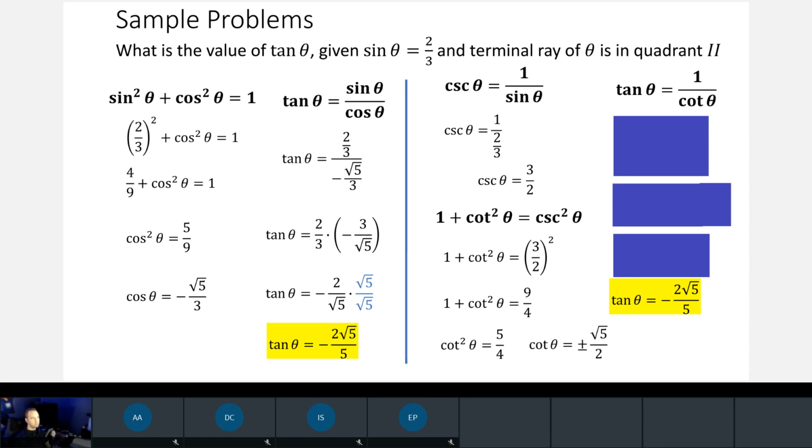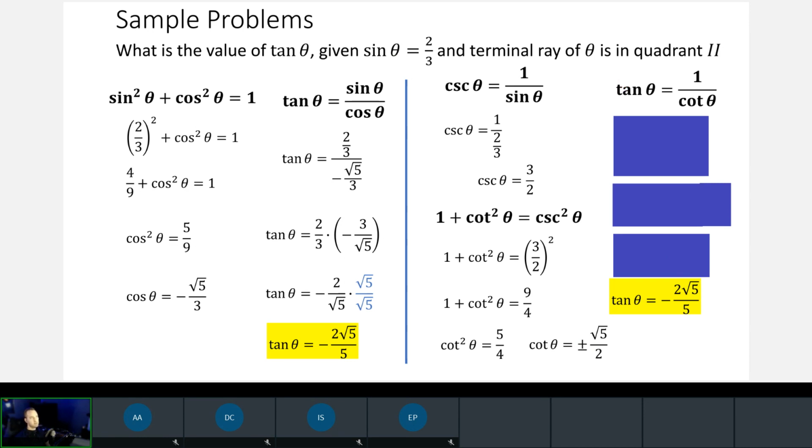So because quadrant 2, y is positive and x is negative, well, that means cotangent should be what? Negative. Yep, cotangent should be negative, because we are in quadrant 2, but we won't worry about it until the end or the next step at least.